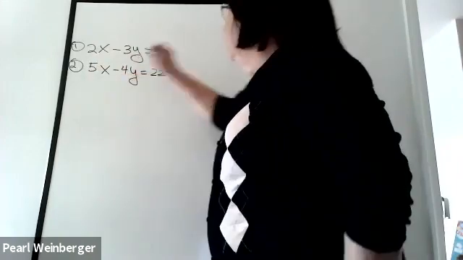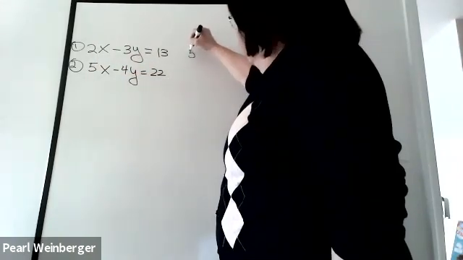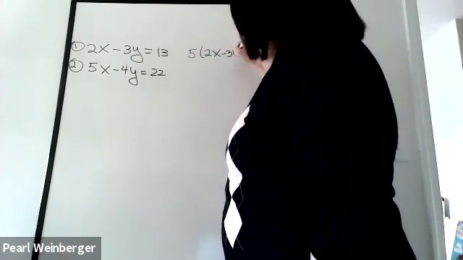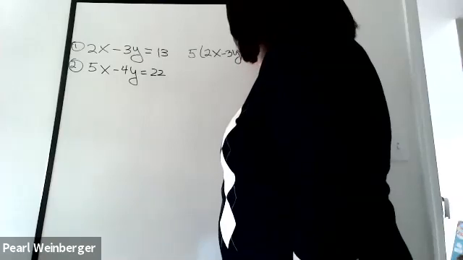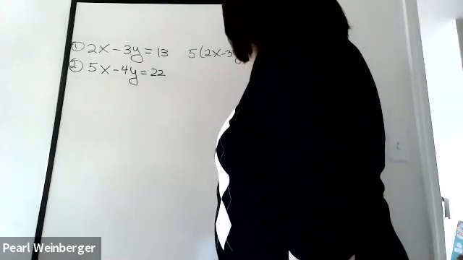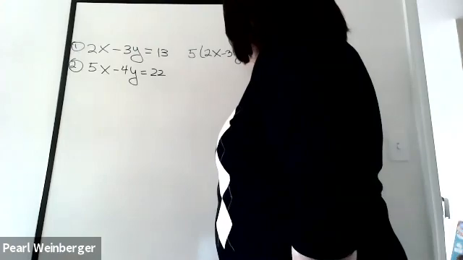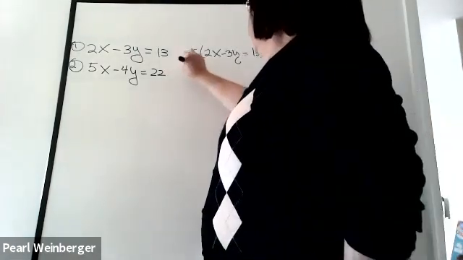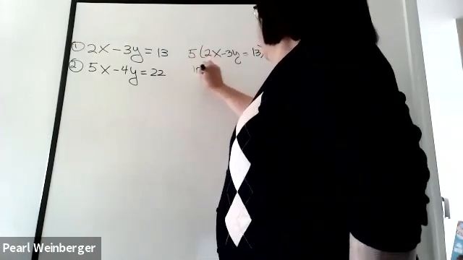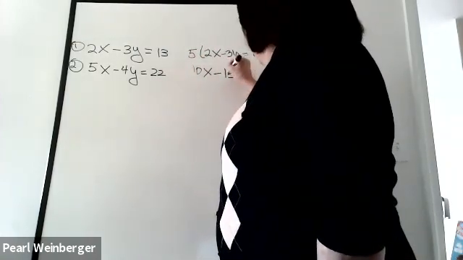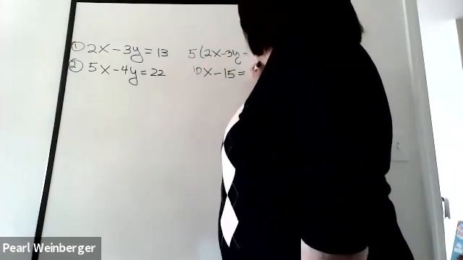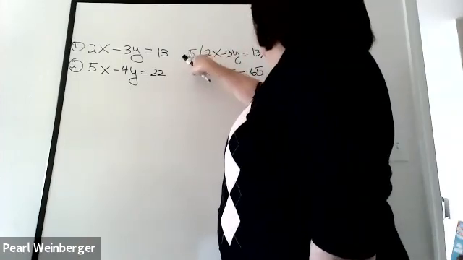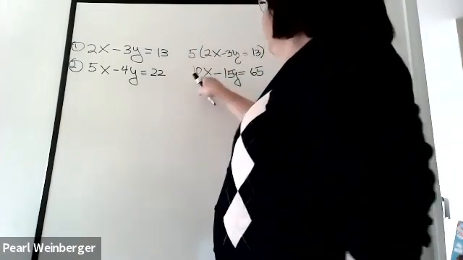I'm going to multiply that by 5, which will give me 10x minus 15y equals 65. Don't forget to multiply every single term by the 5.